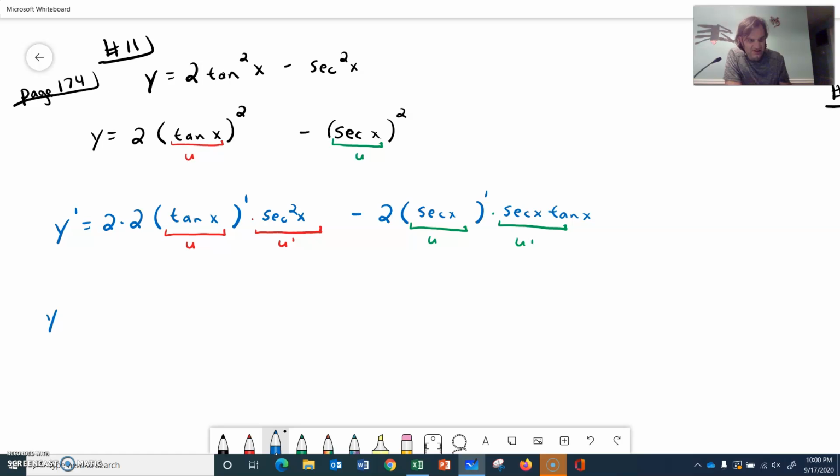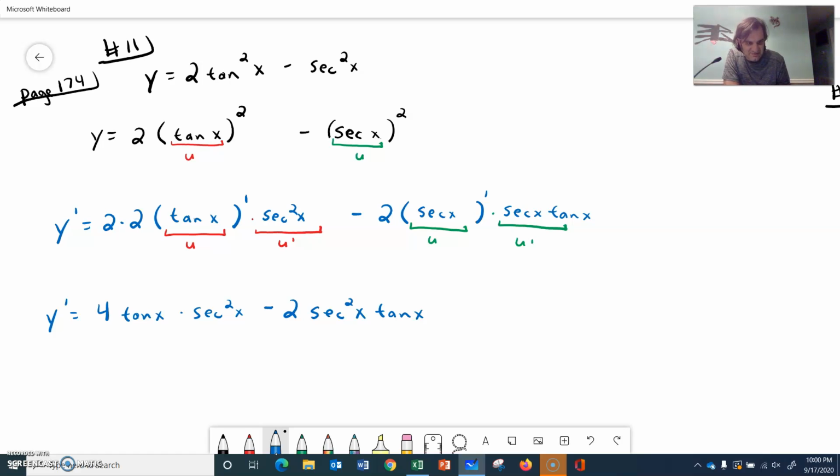So there is a little bit of cleanup here I would do. That would be to write it as y prime equals the first one, which was 2 times tangent times secant squared. I'll write that as 4 tangent x times the secant squared of x. And the last part, which is minus 2 secant times secant tangent, I'll write as secant squared tangent of x.